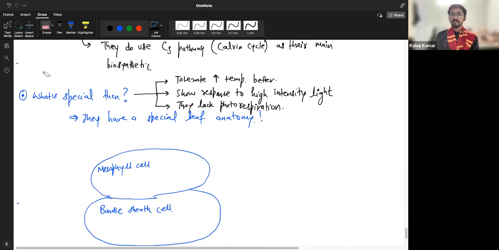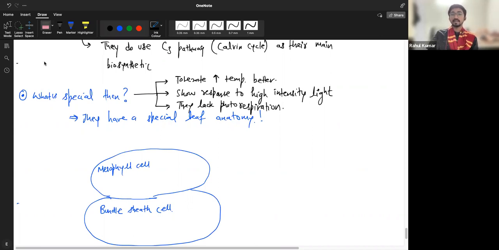For sure, there are some insights, but C4 plants completely lack photorespiration and they do better in dry conditions because it is a waste of energy. It looks like C3 plants show photorespiration sometimes because Rubisco has both functions: it acts as a carboxylase, and it can also act as an oxygenase.